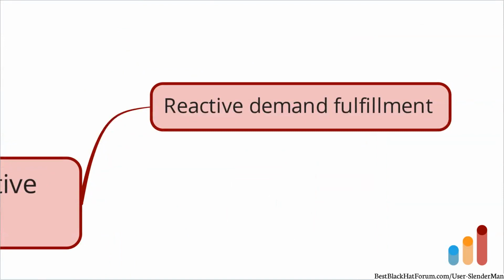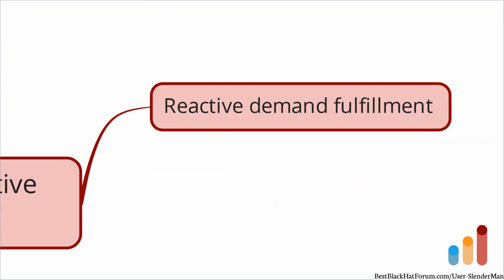And first, I want to talk about reactive demand fulfillment, because this really functions as one of the most common types of marketing and advertising that you see out there, although it's probably the hardest to scale.